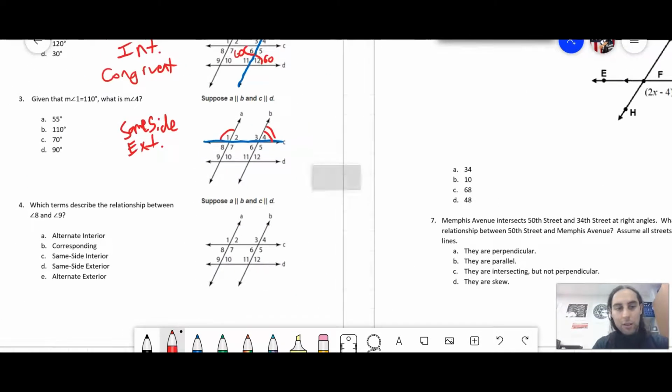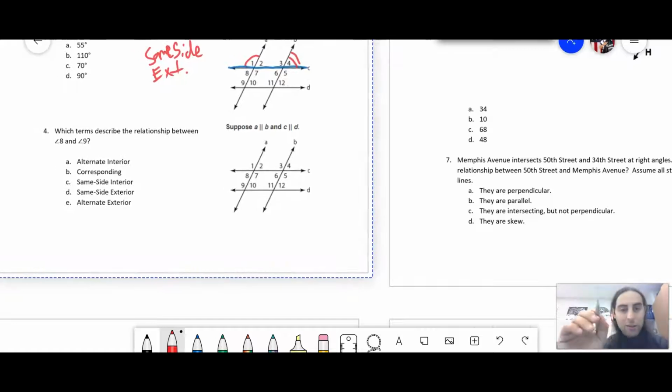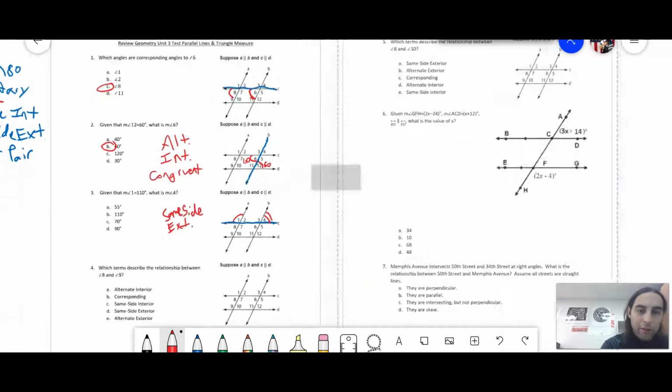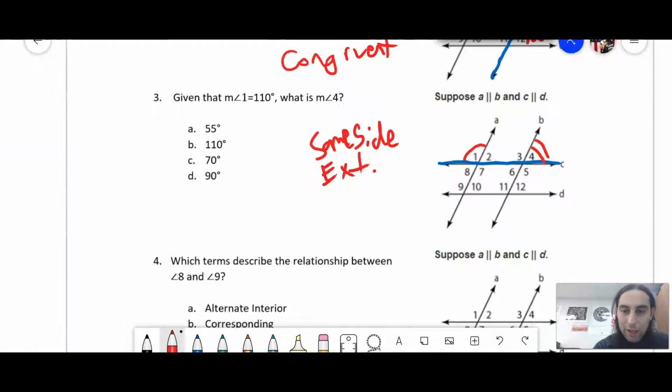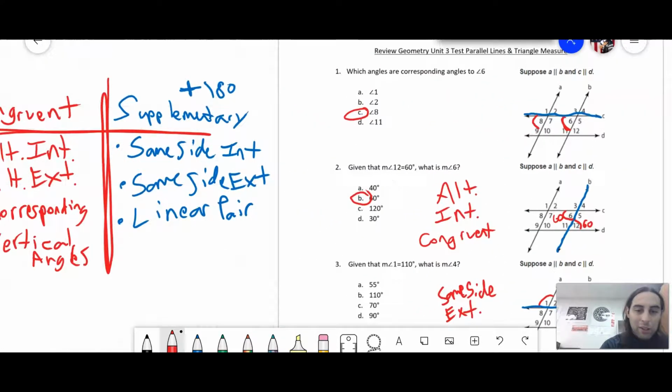So we've got same side exteriors. Let's just zoom in now, right? Same side exteriors. Now let's remember, what does it mean when it says same side exterior? Same side exterior is supplementary. That means it adds up to 180.